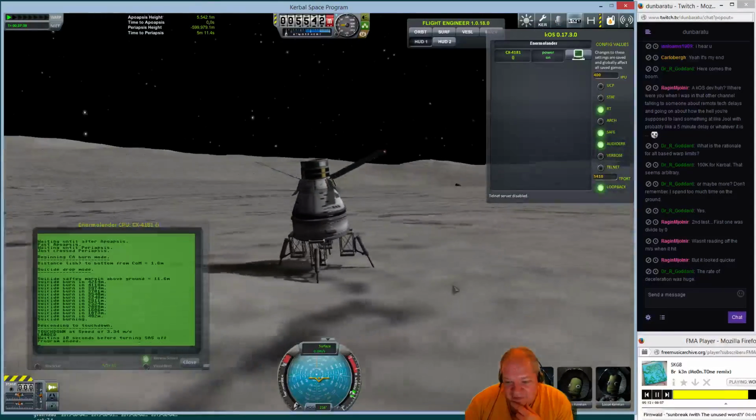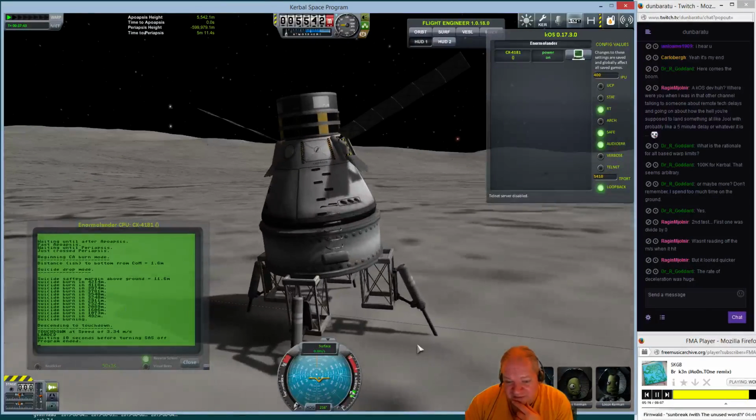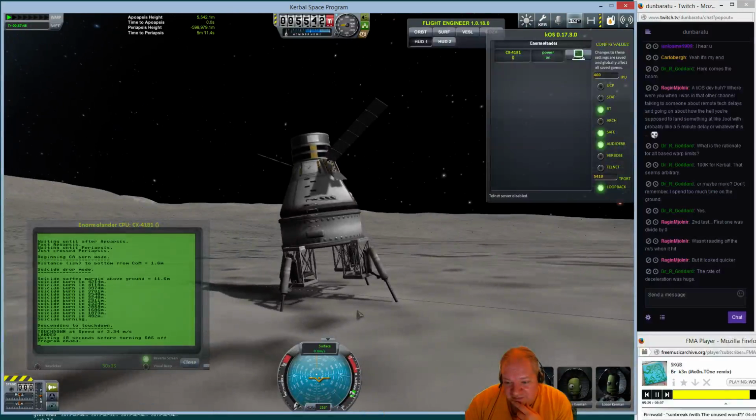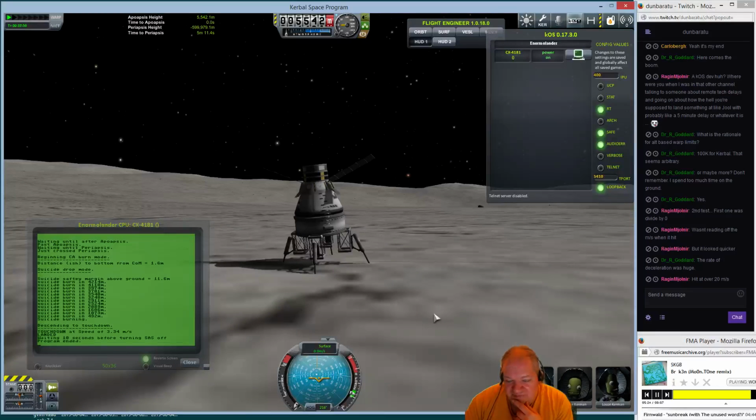You know, I wonder if it's just that the engine sticks too far down. It may actually be the craft design that's wrong. Yeah, that probably is just it.